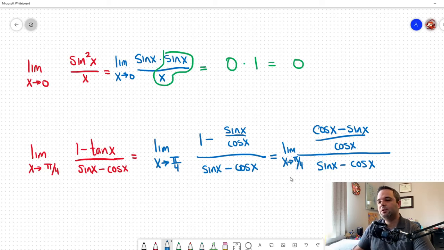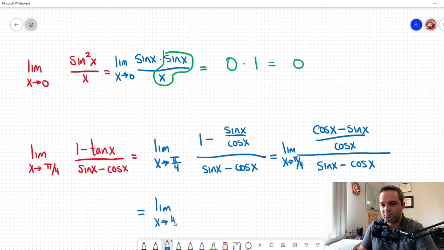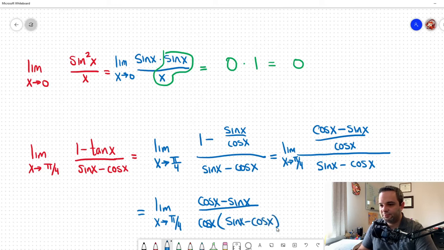Next, we'll put this so that it's one fraction, not a compound fraction. So now it's the limit as x approaches pi over 4 of cosine x minus sine x over cosine x times sine x minus cosine x.